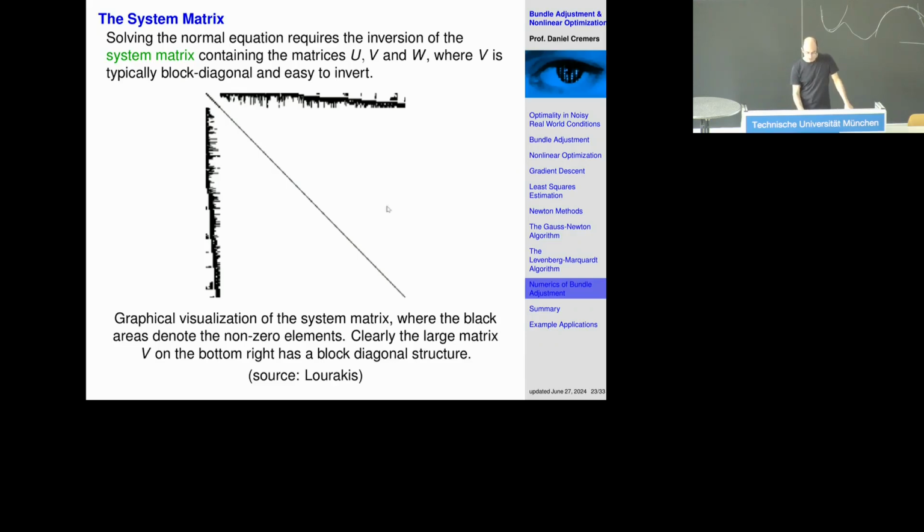Why is there so much zero in V? Well, basically, V involves the 3D coordinates of the points, and the points will typically not all be visible in all images. If you walk around with your camera, you will have sets of points in certain images, and only if multiple points arise in the same image, they share the same residuals, then you will have an element, but typically they will be uncorrelated.